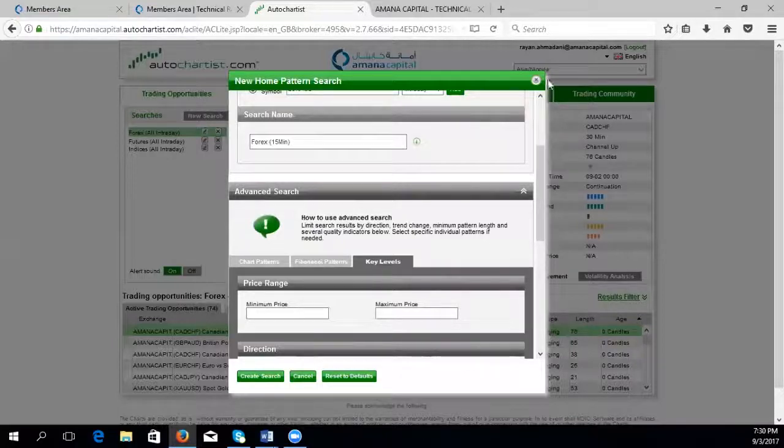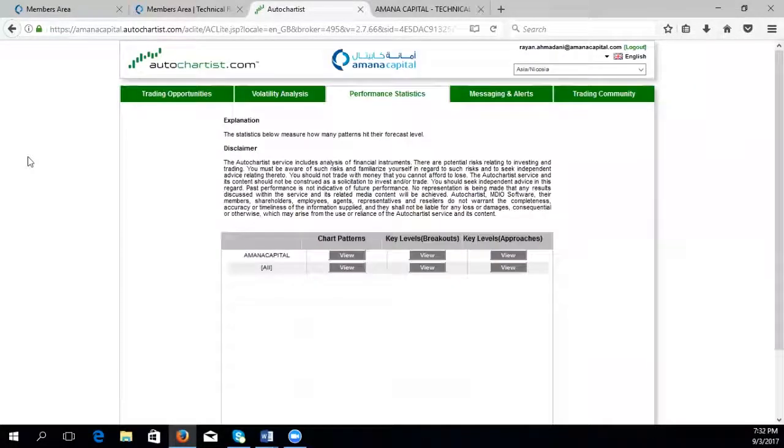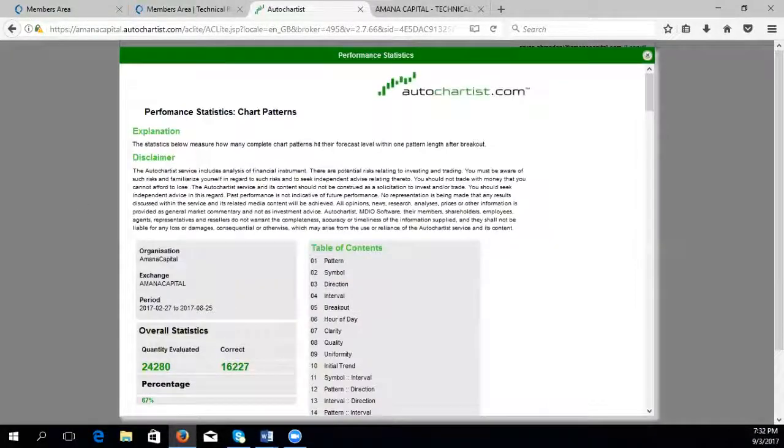All right. Now, next, performance statistics. And let me just open the page in here. Performance statistics, this tab provides detailed statistics on the overall accuracy of Autochartist for the preceding 6 months period, as well as specific statistics on how Autochartist performs on particular samples or patterns or even directions.